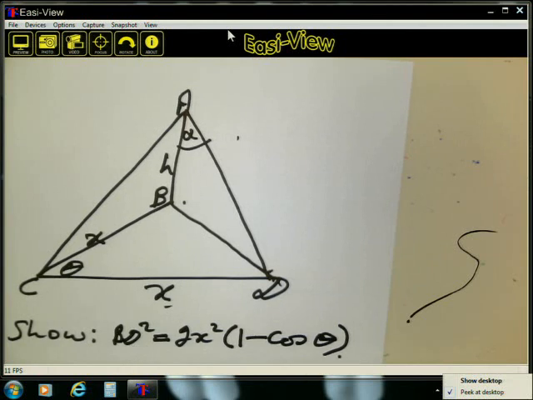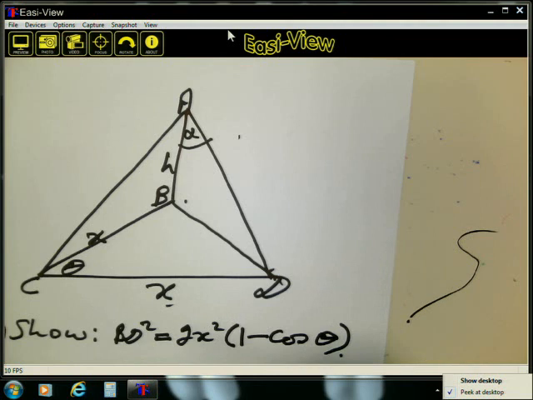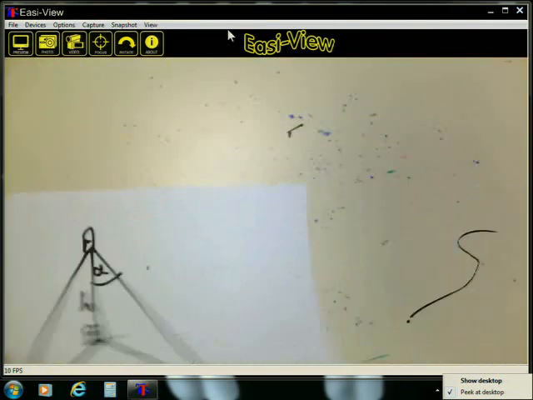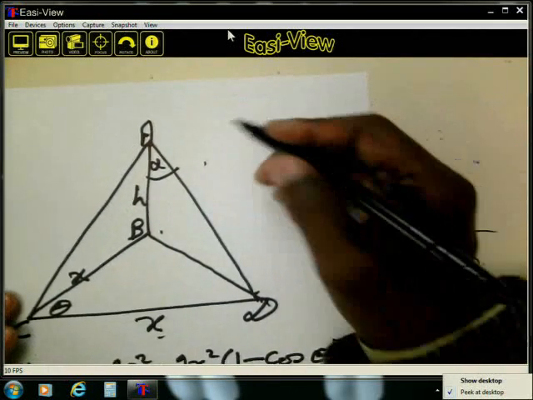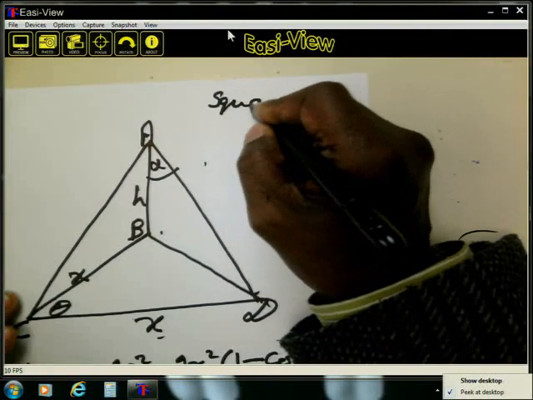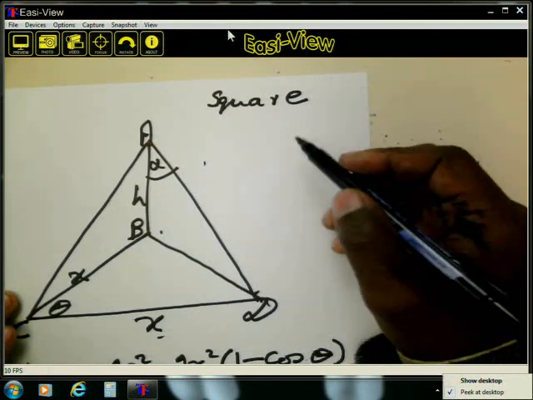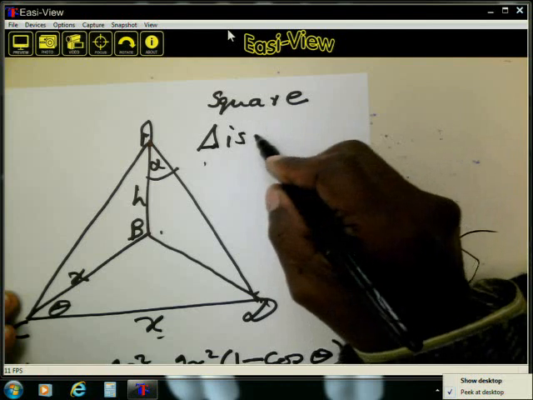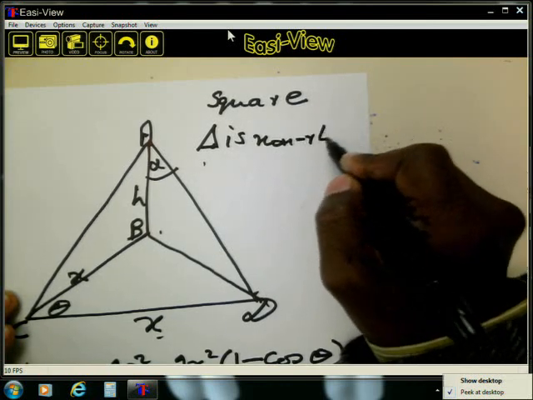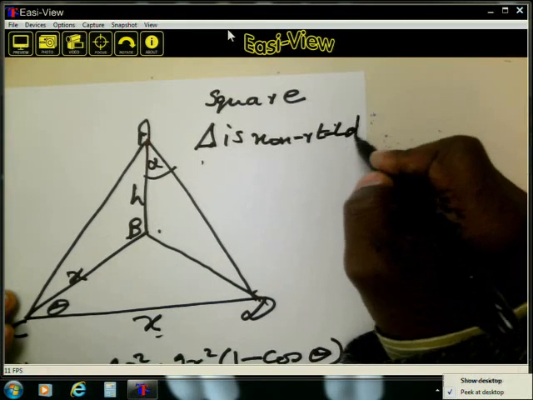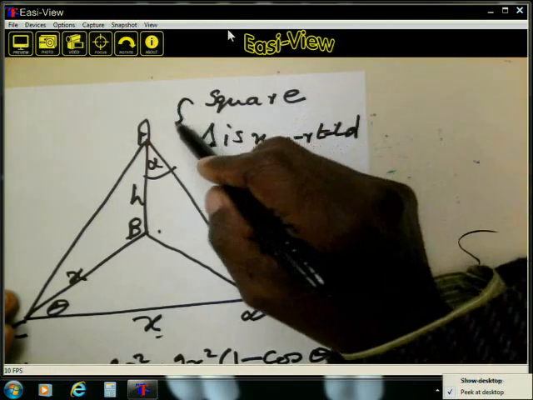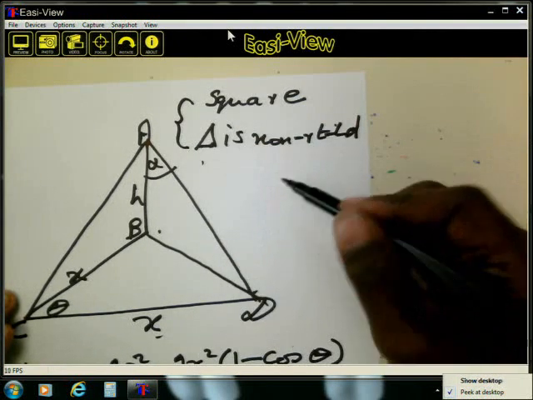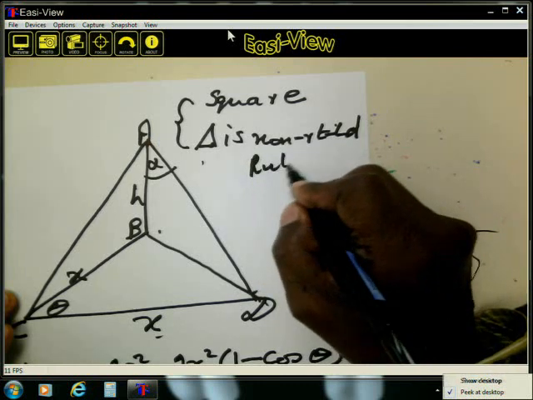What does this suggest to you? This is a square. Two things should suggest to you. One, you are having a square. And two, the triangle is non-right angled. These two facts suggest to you that you must use the rules.